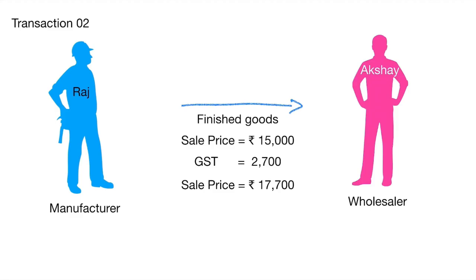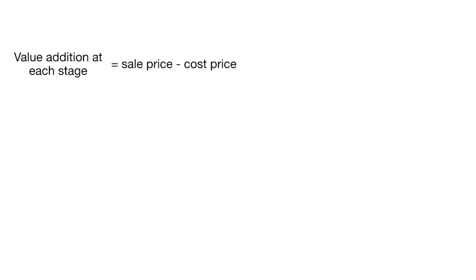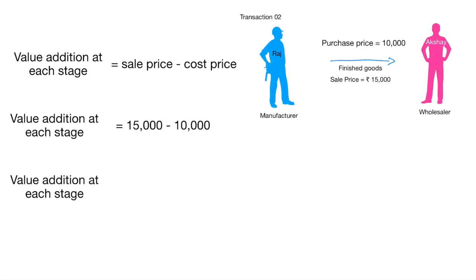Because we are using value addition method in this example, we will have to find out GST payable to the government by Raj by using value addition method formula. What is the formula? Value addition is equal to sale price minus cost price. In this case, sale price is 15,000 minus cost price is 10,000.